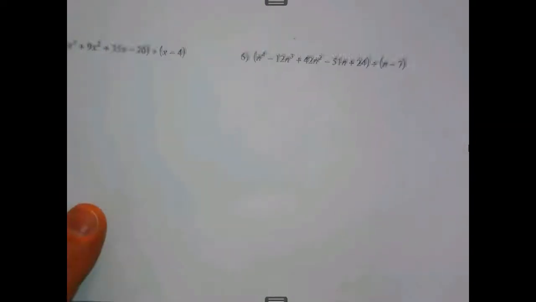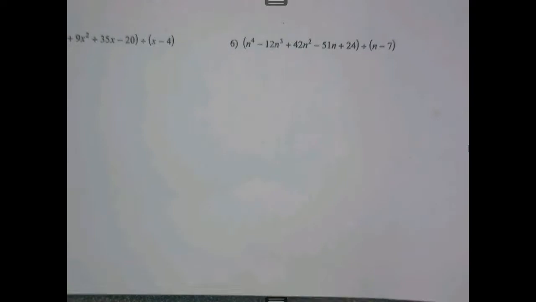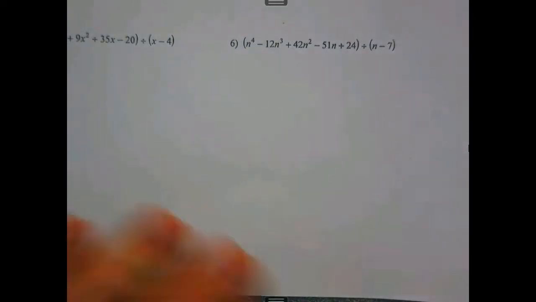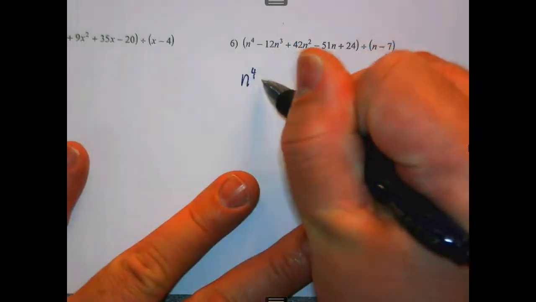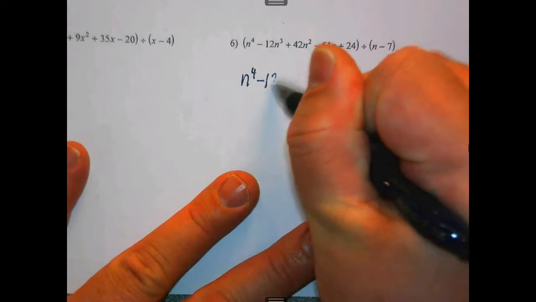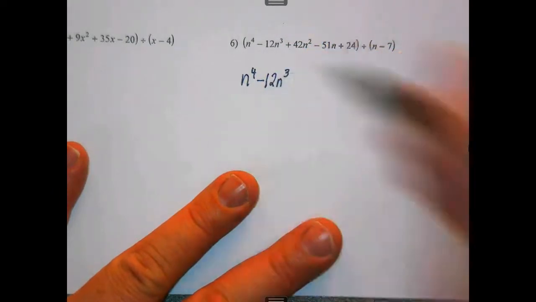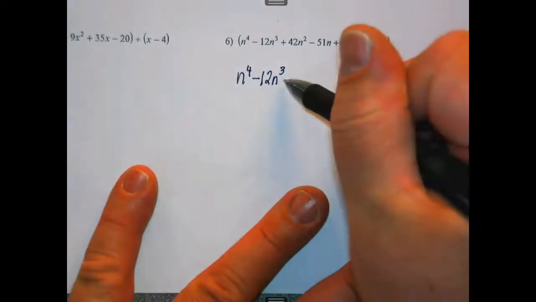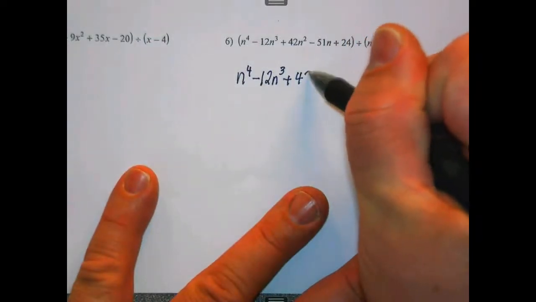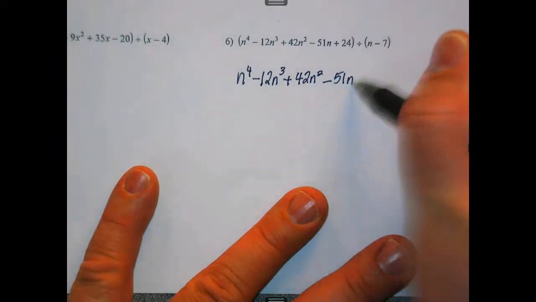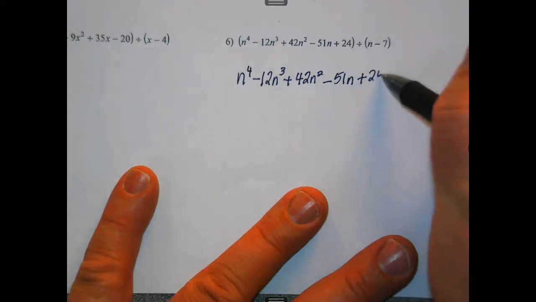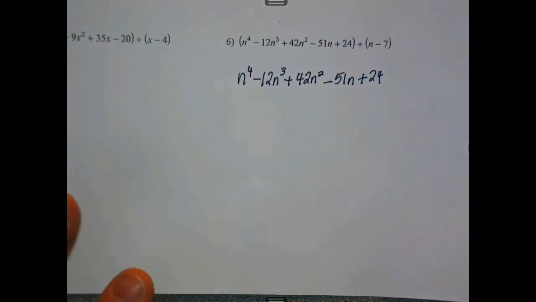Don't worry. All right, number 6. I'm gonna take n to the 4th minus 12n cubed plus 42n squared minus 51n plus 24.